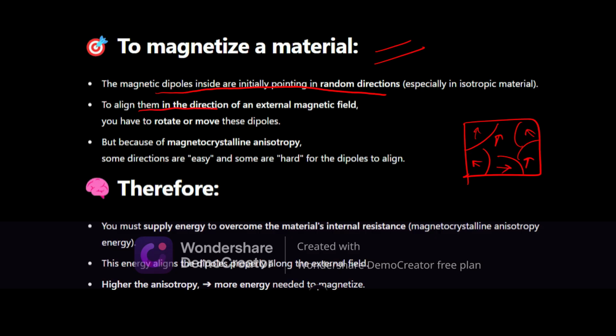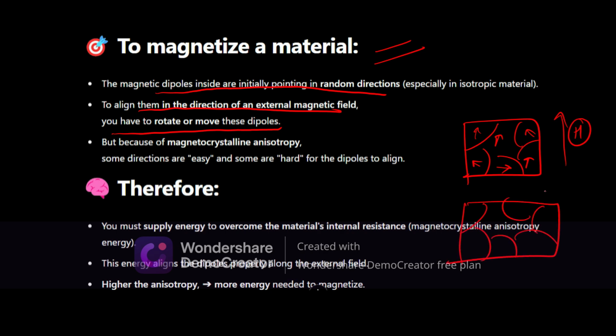To align them in the direction of an external magnetic field, you have to rotate or move these dipoles. For example, I have applied an external magnetic field, and we have to rotate them in the direction of H, like this. But because of MCA, magnetocrystalline anisotropy, some directions are easy and some are hard.